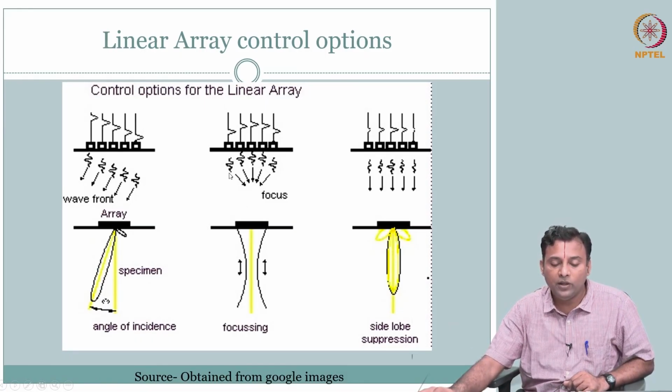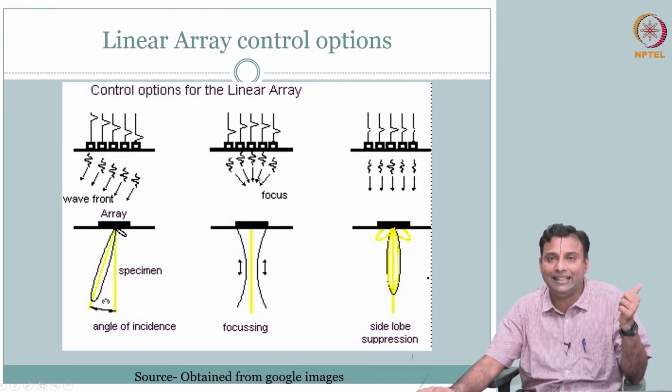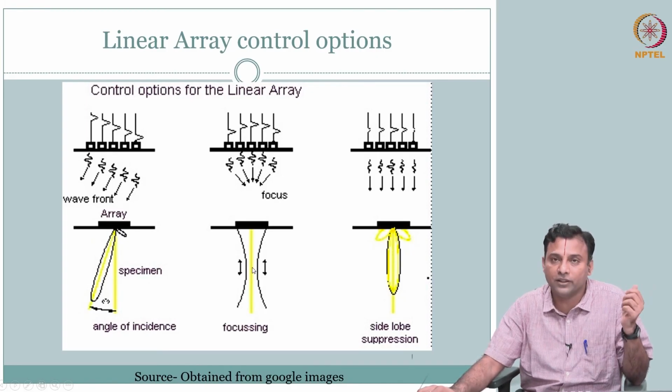So the idea now is, if I want to focus at a particular location, let us assume the medium has some velocity c. I know the time at which this is released, so I know the arrival time at that particular location. Ideally we want all of these waves to come in phase, coherently, at a particular location, which is your focus.